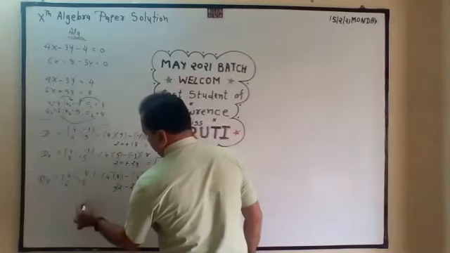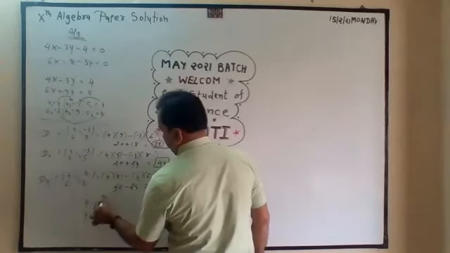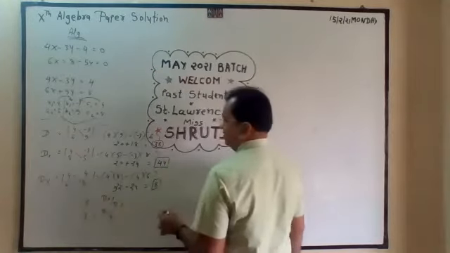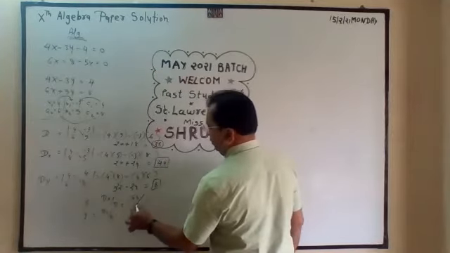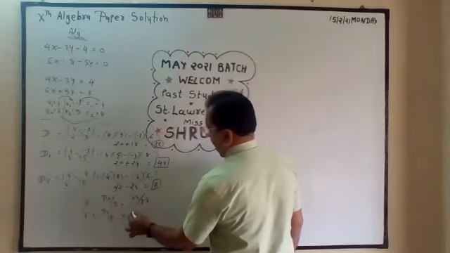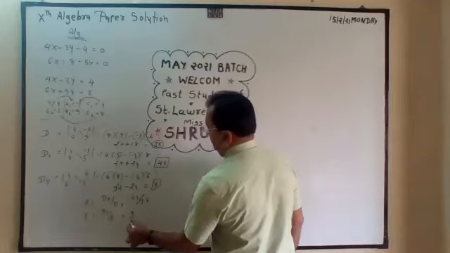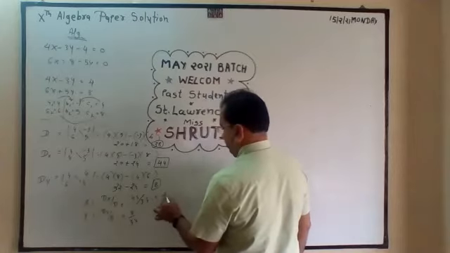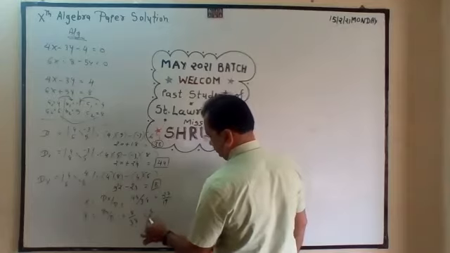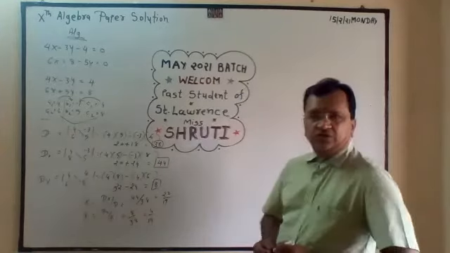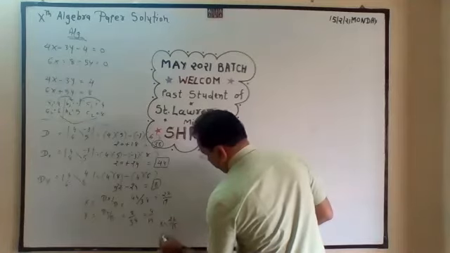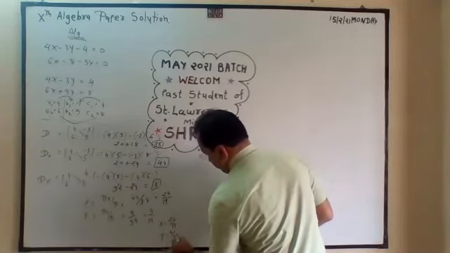Now x and y, Dx by D, Dy by D. Dx 44 by 38. Dy 8 by 38. Only you can make half. So your x is equal to 22 by 19, y is 4 by 19.